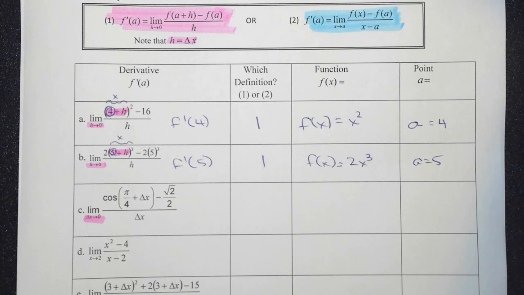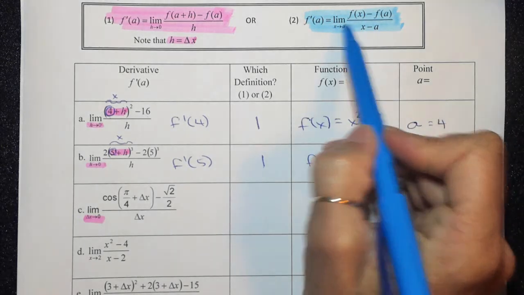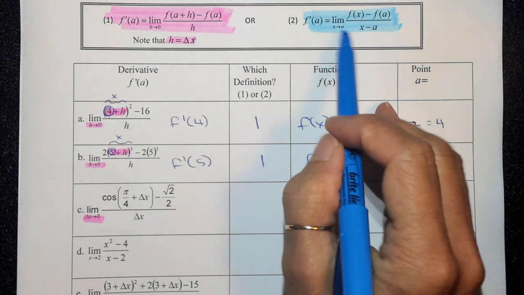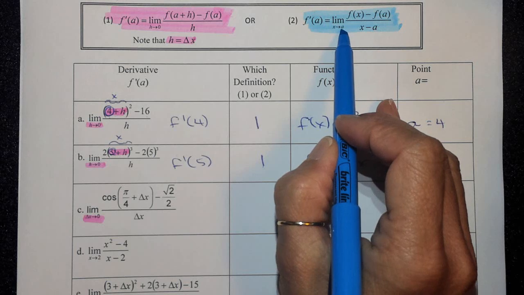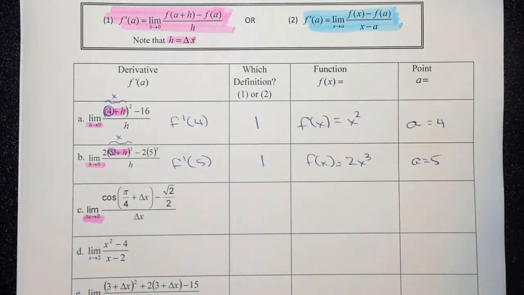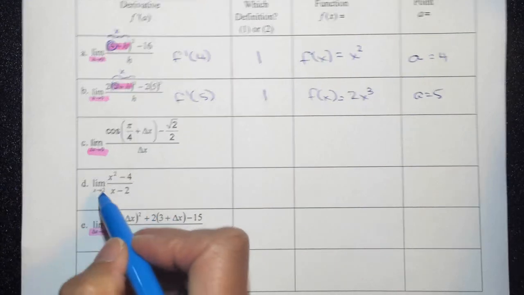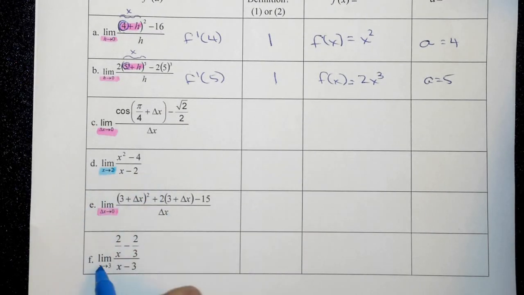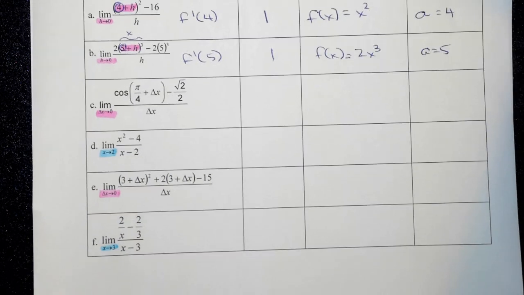Then, on the other hand, here, this is a more simple, this is definition number 2, but the way that I would know that is it has the limit as x is approaching some given a value, and the a values are all going to be the same. So if you take a look at these other two examples that I didn't highlight yet, here you have x is approaching 2 or x is approaching 3.